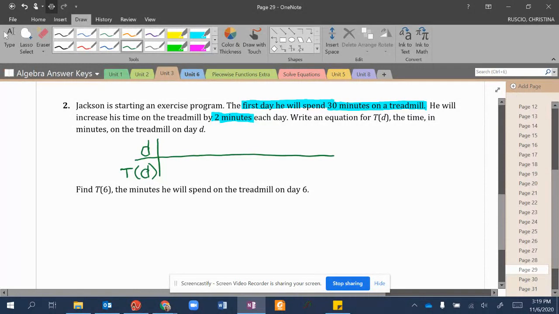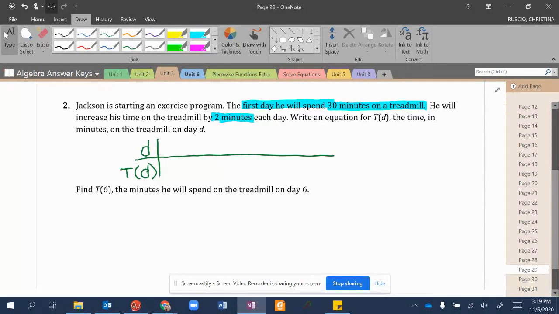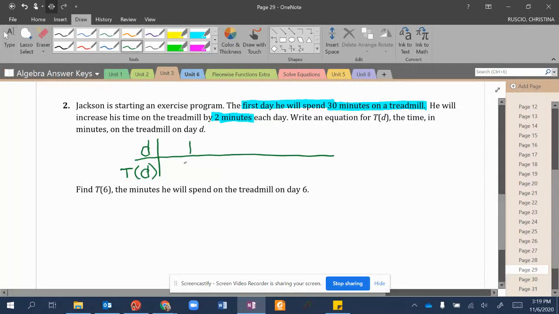So day versus time. So they said the first day he spends 30 minutes. The second day, it's going to increase by 2 minutes, so 32. Day 3, 34, day 4, 36. You get the picture. Well, it's saying we need to write an equation. So again, let's set it up.